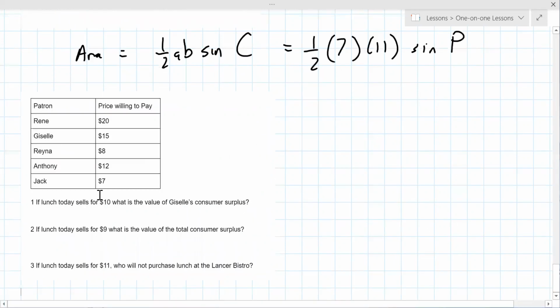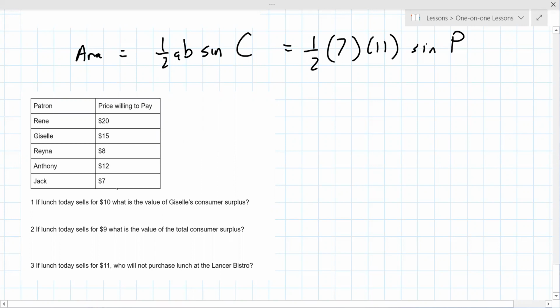If lunch today sells for $10, what is the value of Giselle's consumer surplus? There are really two parts to this question. There's this line here at $10 where Raina, Anthony, and Jack don't buy. If lunch sells for $10 and you're only willing to pay 7 or 8, you're not going to buy lunch.